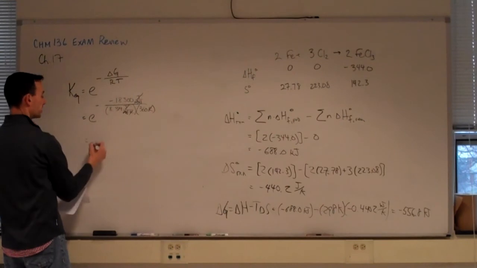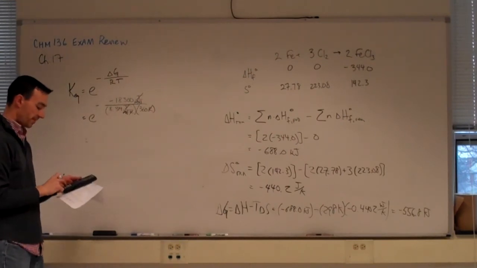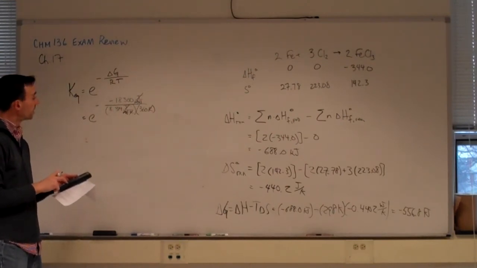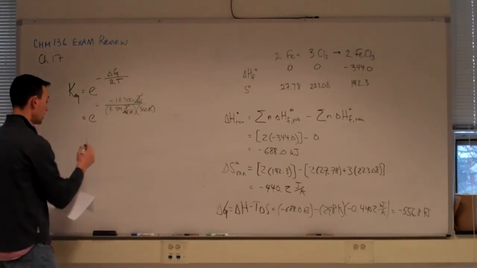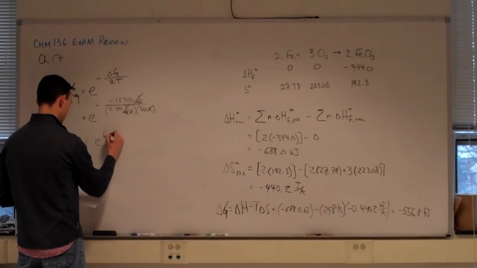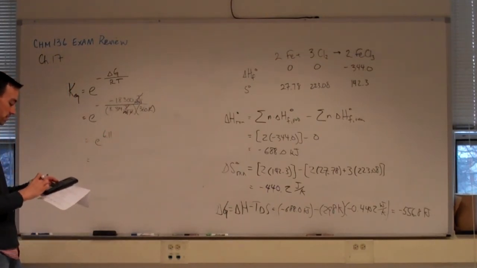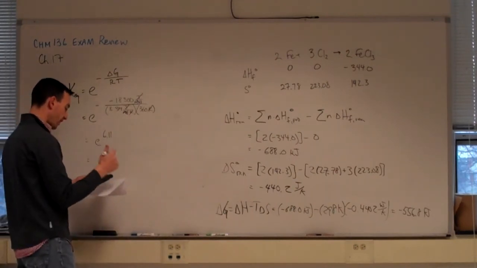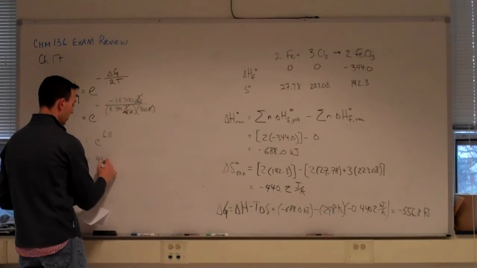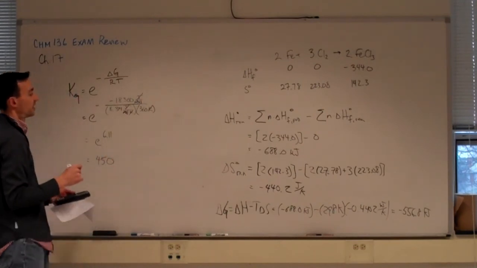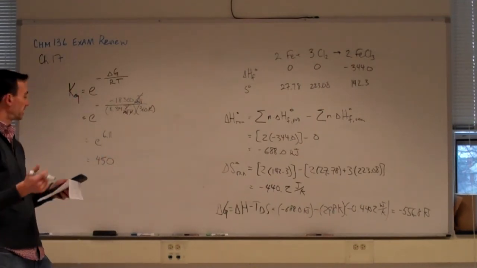The two negative signs are going to cancel out. We're going to have 18,300 divided by 8.314 and 360. I've got e to the positive 6.11 power. So 450 or 452, but for 2 sig figs, for the temperature, that's probably fine.